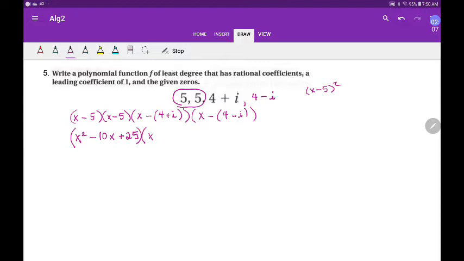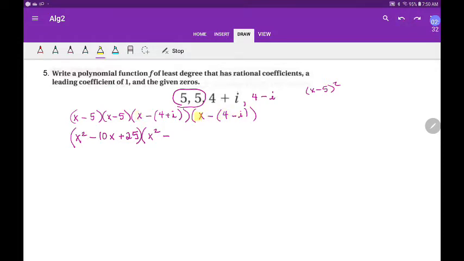by, let me write it out like this, I guess. Let me multiply these together. I'm going to get x times x squared. I'm going to get 2 of these. Well, no, I'm not. They're different. So I'll just write them out like this. When I multiply these two together, I'm going to get a negative.